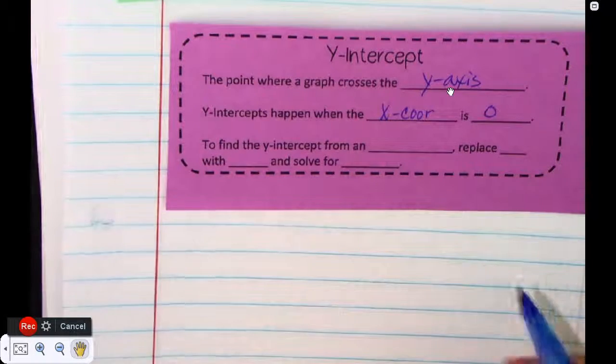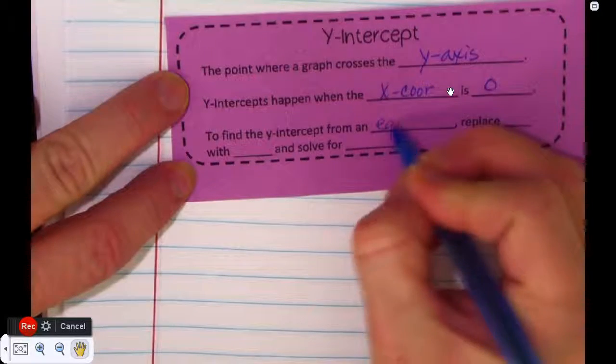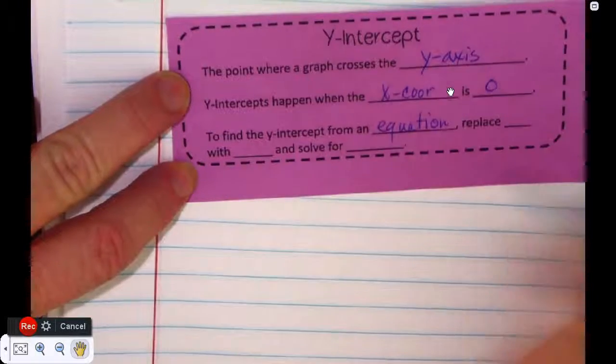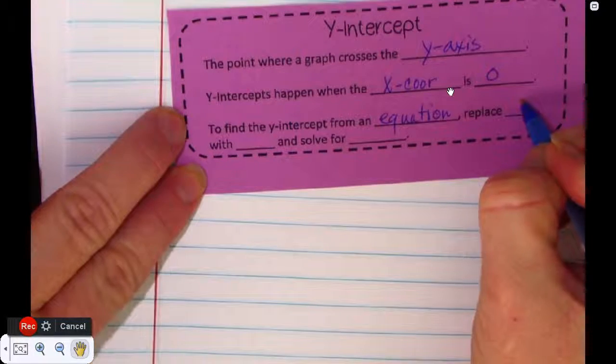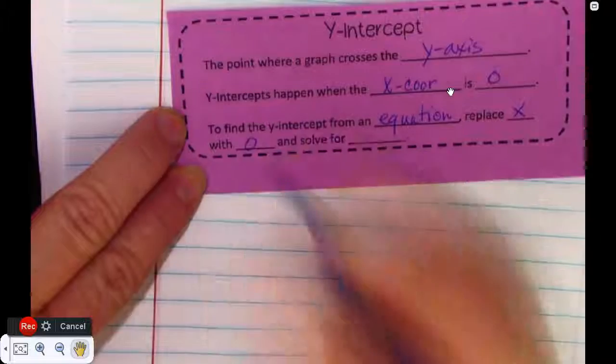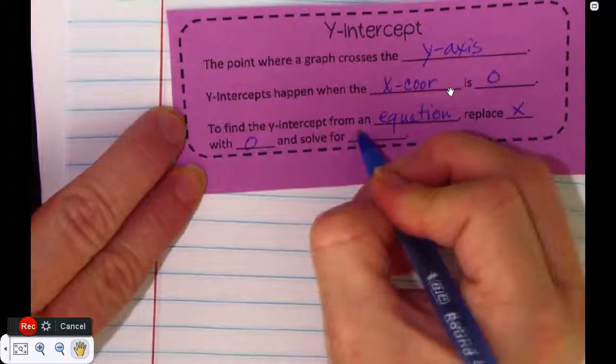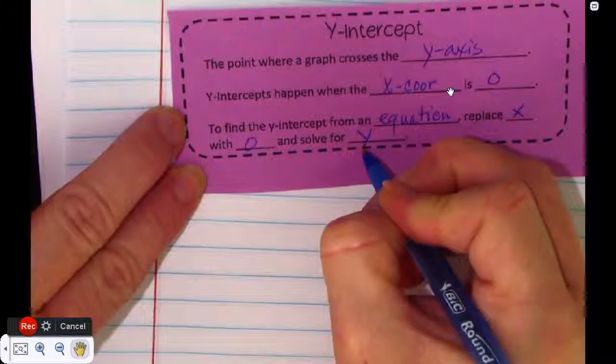To find the y-intercept from an equation, replace x with 0 and solve for y.